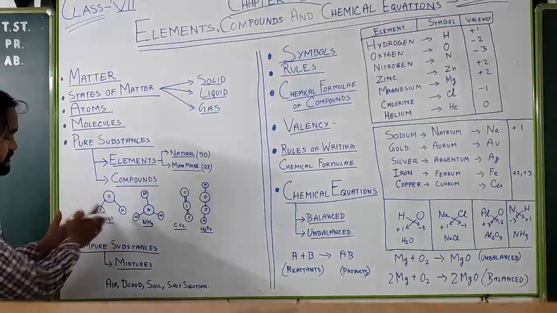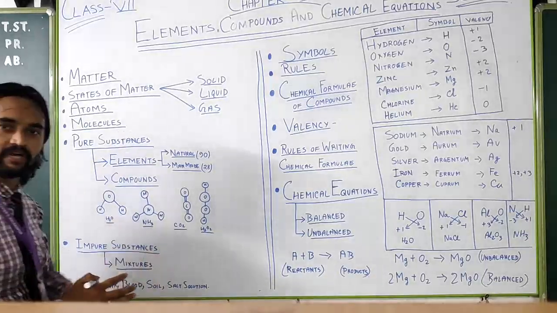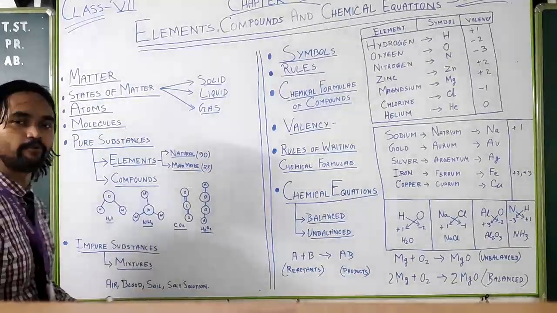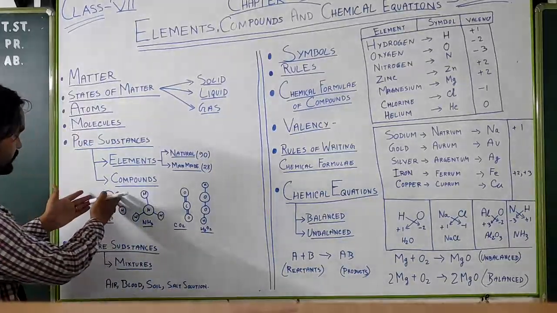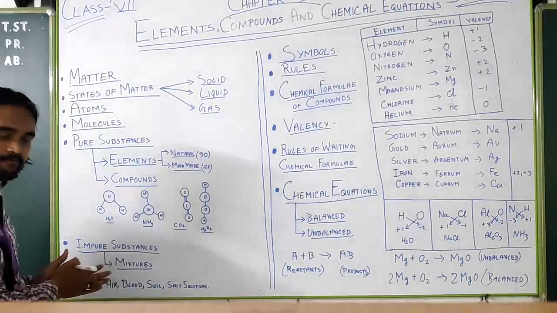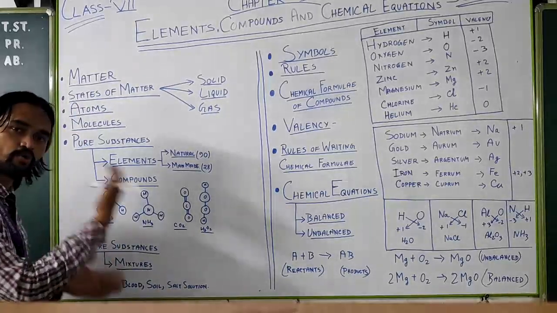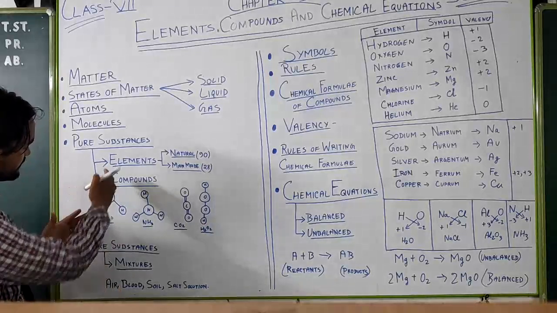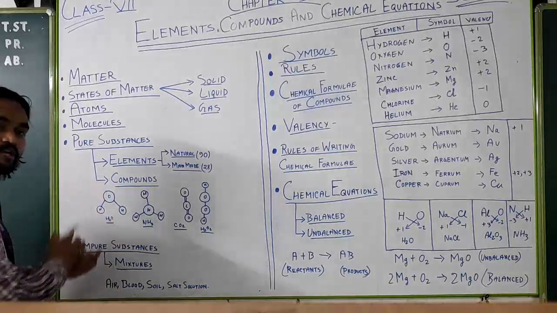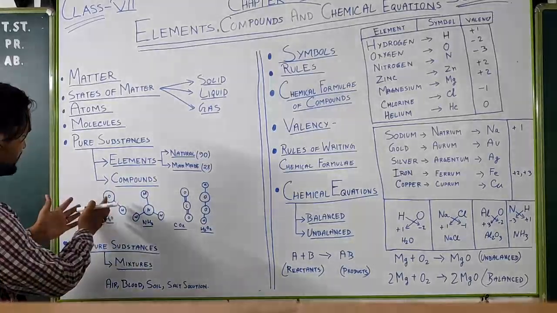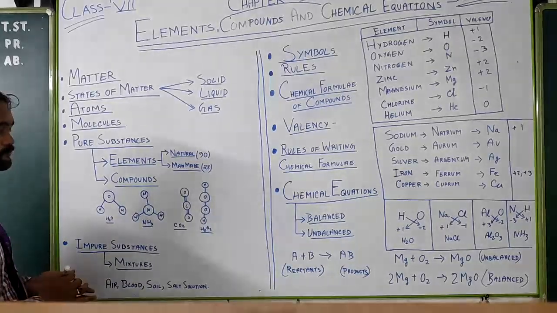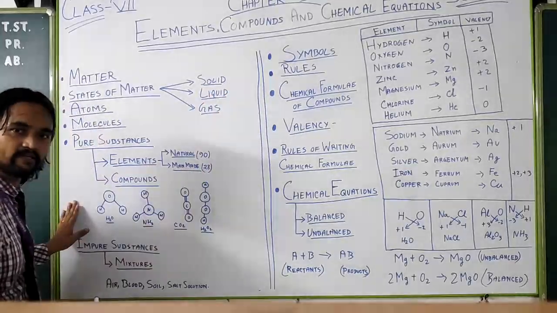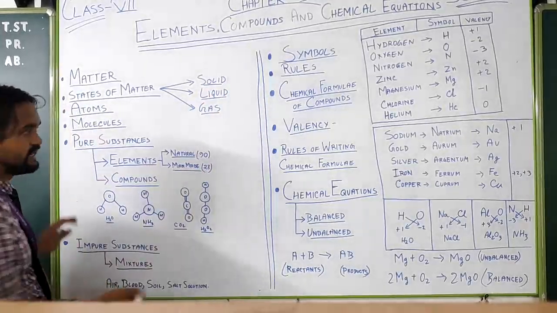We can use water to put off fire. So it has completely different properties. Oxygen is in the gaseous state. Hydrogen is also in the gaseous state. But when they react with each other, they produce the compound known as water, which is in the liquid state. We have already seen that there are three states of matter: solid, liquid and gas.